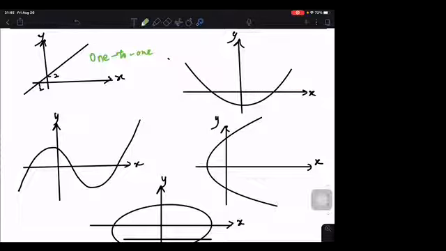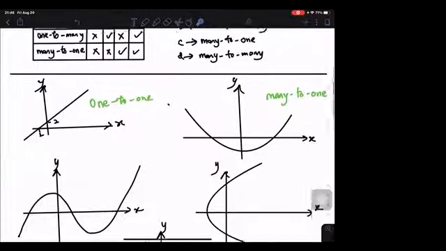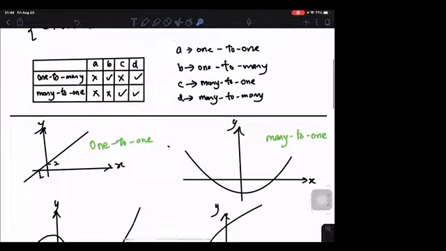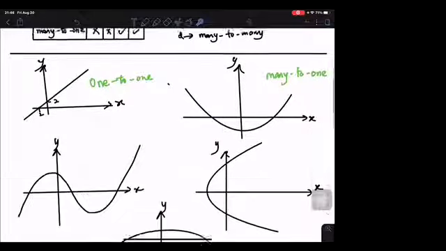Therefore, this is many-to-one. Because for the vertical line test, we won't find any line that touches 2 points, but for the horizontal, you find many lines, at least one is enough. The one-to-many test fails, and many-to-one succeeds, so we have a many-to-one case.